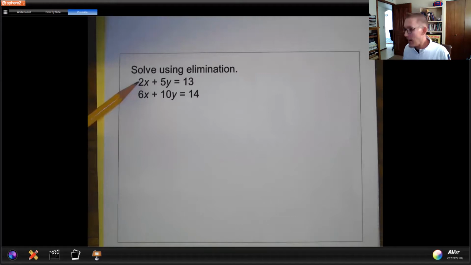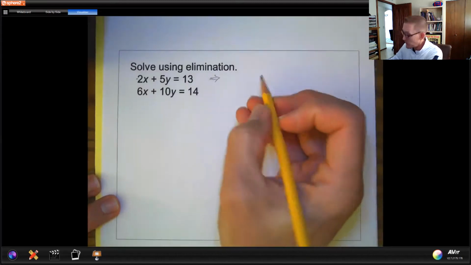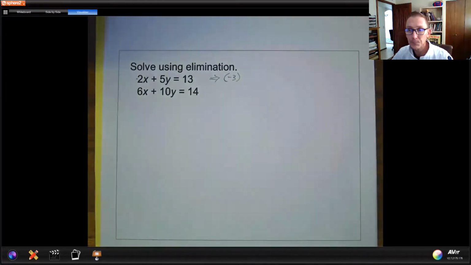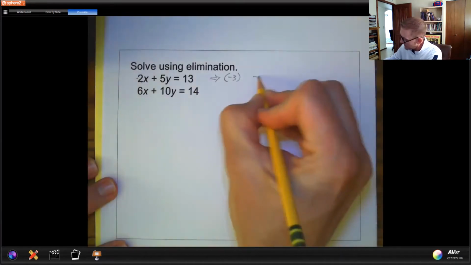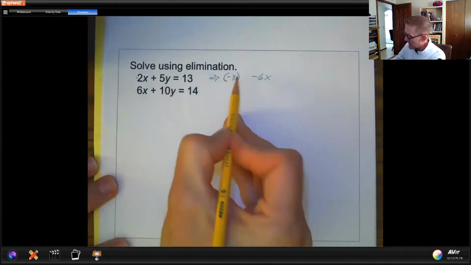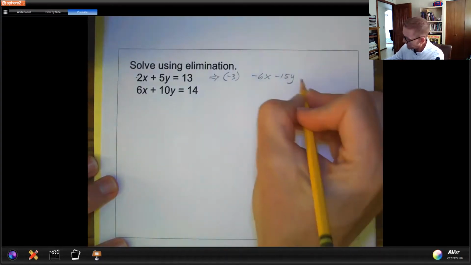So I am going to take this first equation and multiply it by -3. If I took the entire equation and multiplied it by -3, that would turn 2x into -6x. So 2x times -3 is -6x. 5 times -3 is -15y.